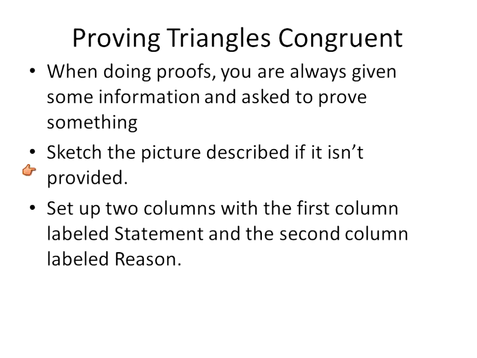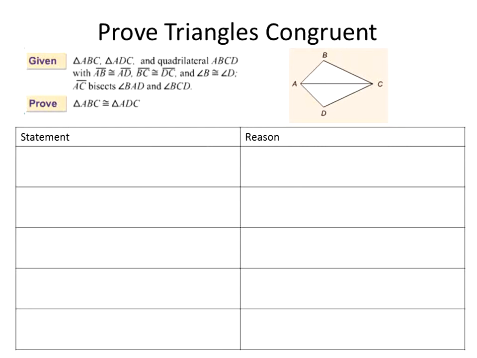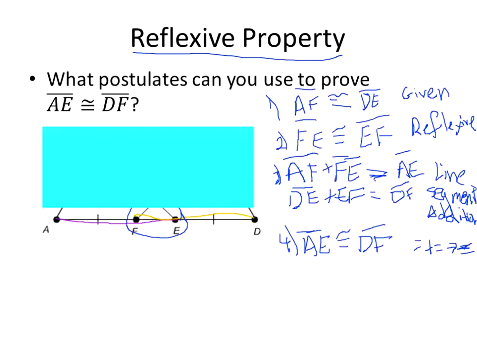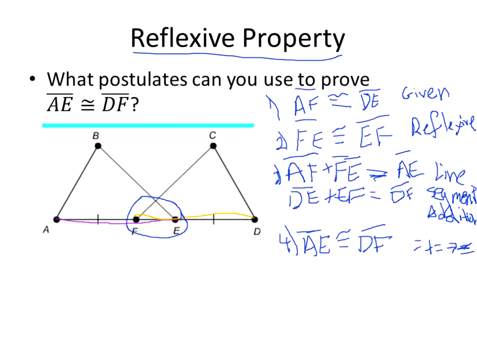Also, there's a picture. If there's not a picture there, then you need to sketch the picture. Oops, wrong direction. They gave us a picture here that I actually covered up so we could see the part we needed to focus on. Because even though there's triangles there, we didn't need to focus on the rest of the triangles.